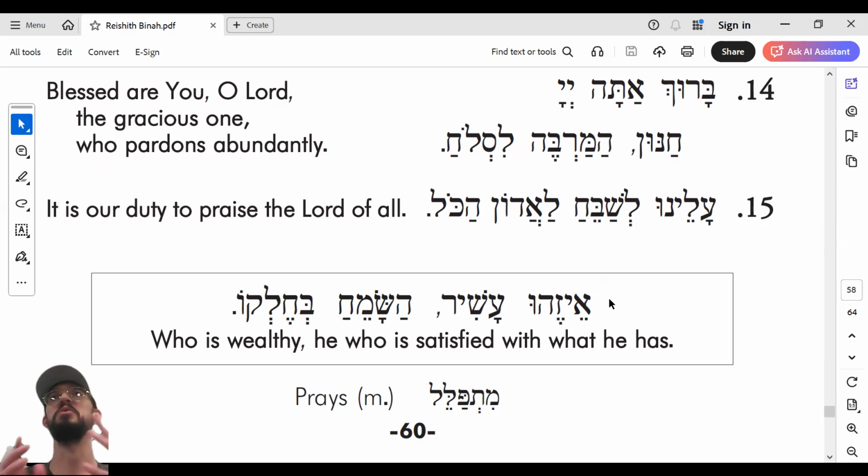It seemed like you were confused by it quite a bit. But that's what we need to practice. Who is wealthy? He who is satisfied with what he has, right? One who is content with his portion, basically. The one who is content with his portion would be my sort of translation.